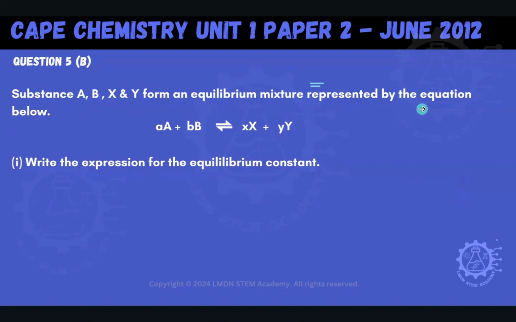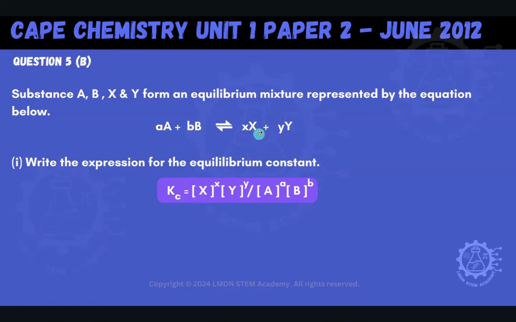So moving right along to 5B, 5B says that substances A, B, X, and Y form an equilibrium mixture represented by the equation below. We have a moles of A combining with b moles of B. Equilibration takes place, and you have x moles of X plus y moles of Y. So we're being asked now to write the expression for the equilibrium constant, okay? So I write a Kc expression here, the equilibrium constant in terms of concentrations.